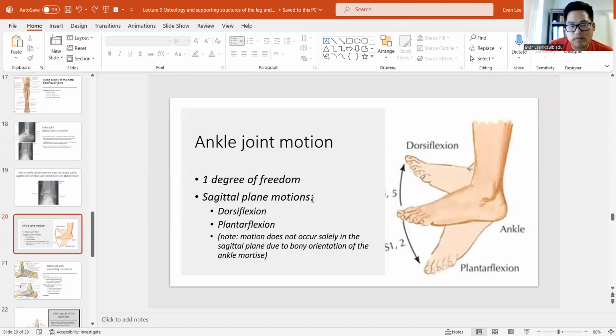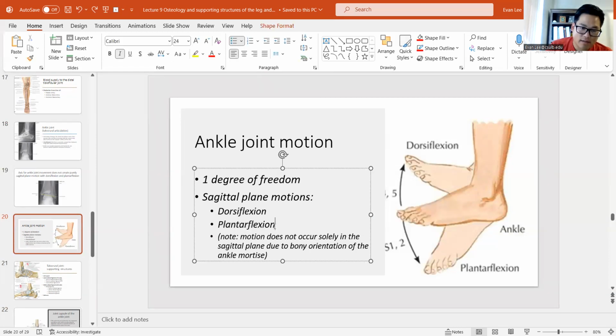So when you think about the movements, it's mostly in the sagittal plane, which is going to be for dorsiflexion and plantar flexion. And if you recall, I was talking about what dorsi and plantar are referring to. Dorsi is like the back, but in our case, when you think about the back of the foot, it's actually this part, like thinking about a dorsal fin again.